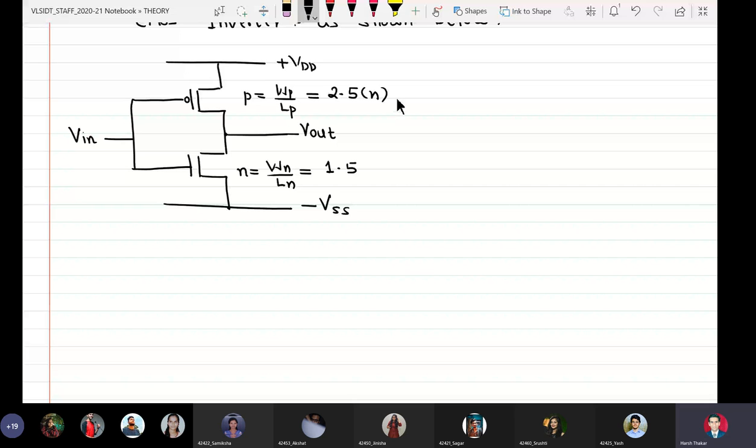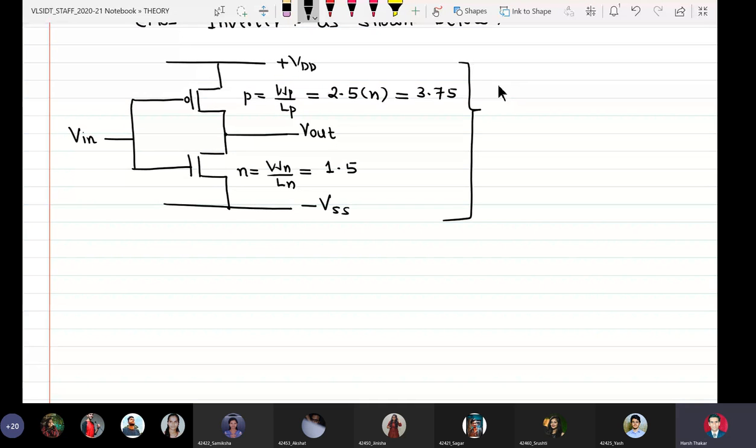So the size of PMOS comes out to be 3.75.